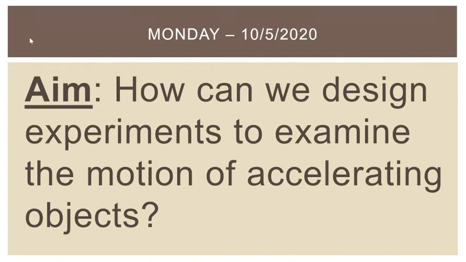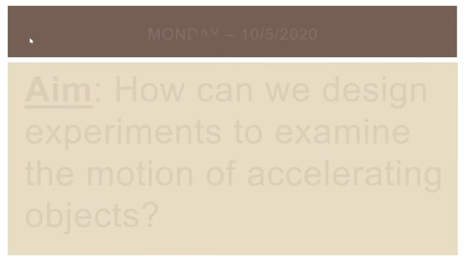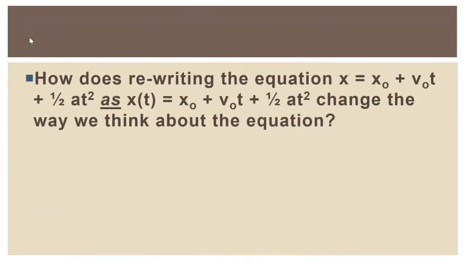Okay, the first thing we want to talk about is the answer to this question. So in your reference table, you have an equation that says x equals x naught plus v naught t plus 1/2 at squared. And sometimes we can rewrite that like this.